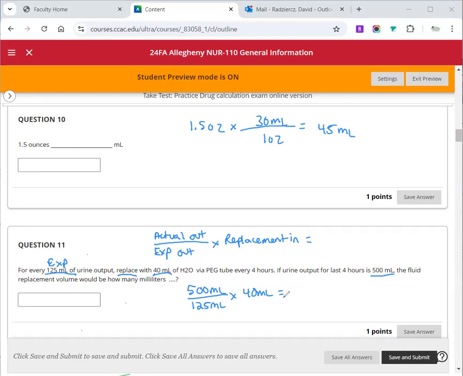I will also add that the expected out and everything like that, sometimes they'll say the patient voided 500 milliliters in the last 4 hours, or that you should replace 40 milliliters for every 125 milliliters of urine output, and then calculate the replacement volume.